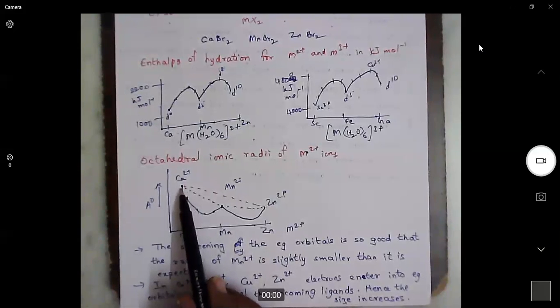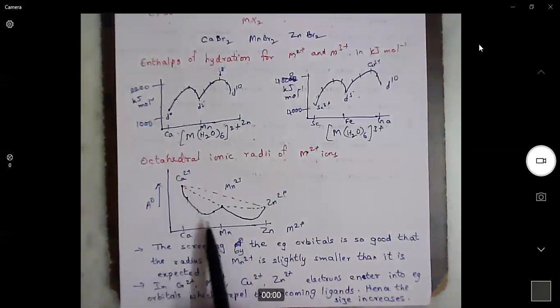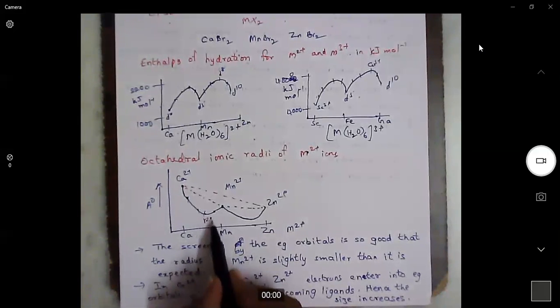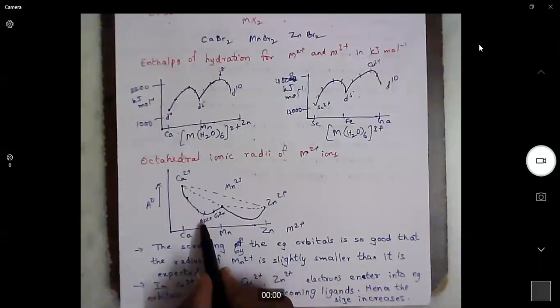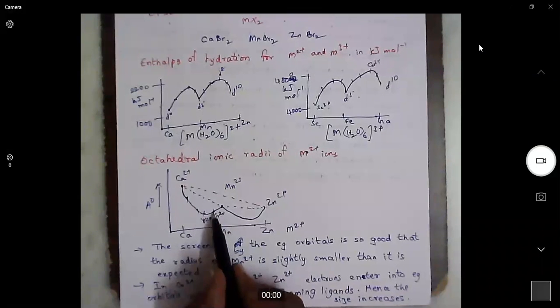Calcium will have the lowest CFSE or highest size. Then for scandium, its CFSE increases, size decreases. So scandium 2 plus, titanium 2 plus, vanadium 2 plus, up to vanadium 2 plus, it will decrease. Then for chromium 2 plus, yes, CFSE decreases. That is why size increases.